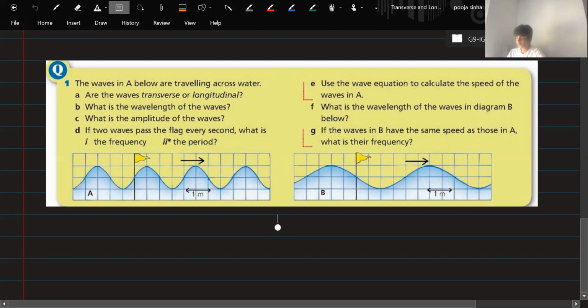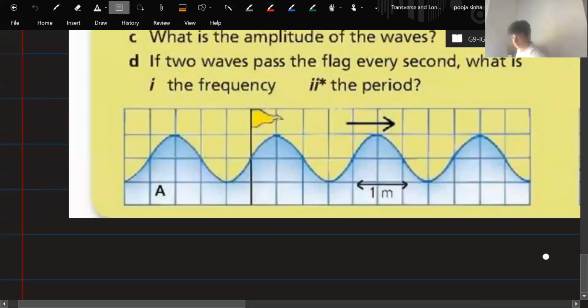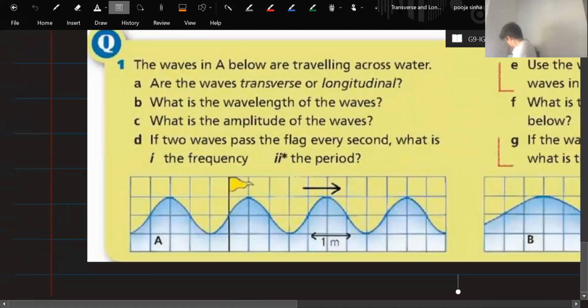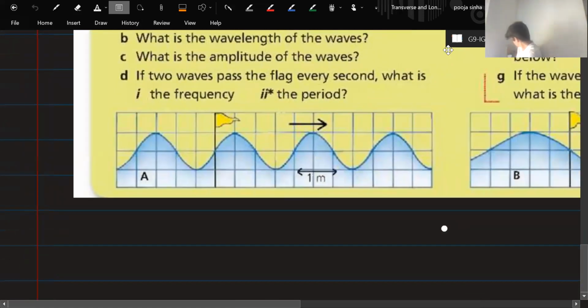Shamik, हो गया बेटा? It's not such a big question. Tell me your answers, please.